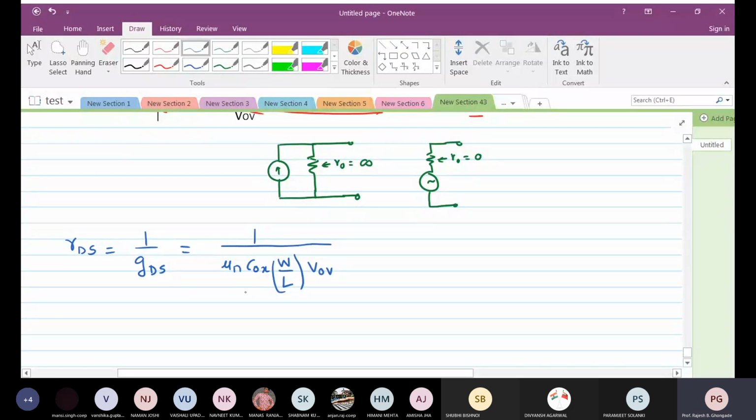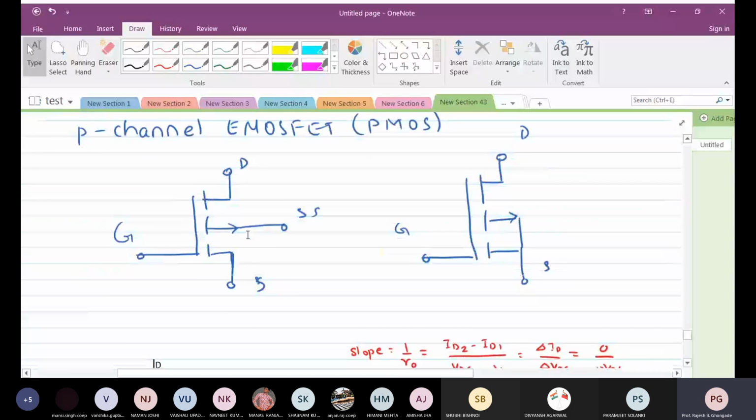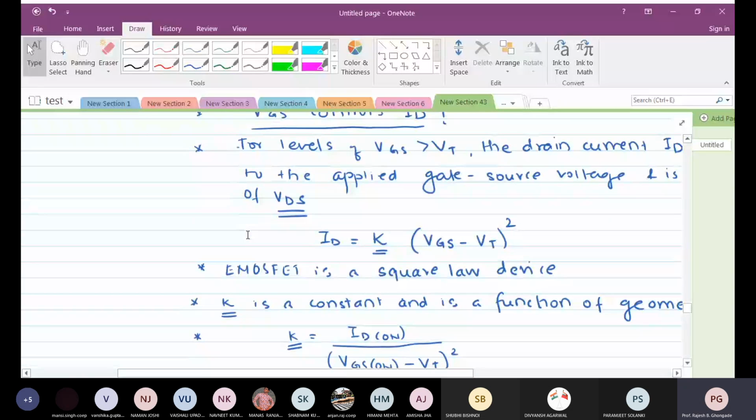We have been introduced to new concepts, new terms over here, mu n COX and W by L. Now as I said, if you remember in one of the previous lectures, I have said that ID is K times something. Now this K is to be determined, and I said that K is a function of the geometry of the device.